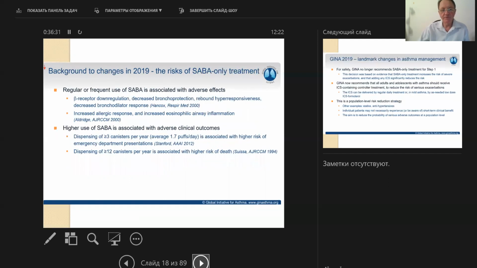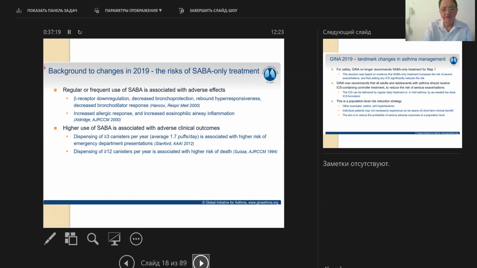But now the conclusion of the top quality specialists in the world is that regular frequent use of SABA is associated with adverse effects. Firstly, beta receptor down regulation, decreased bronchial protection, rebound hyperresponsiveness of bronchi, a decrease of bronchodilator response, increased allergic response, and increased eosinophilic airway inflammation.